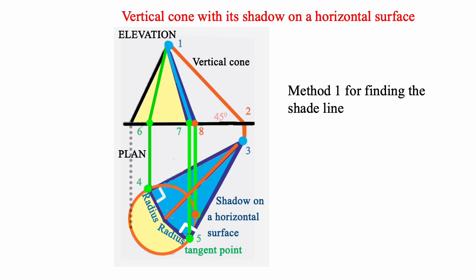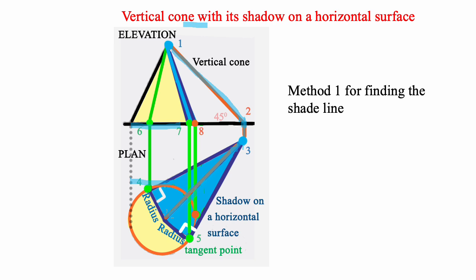To find the shadow on a vertical cone, line up the base of the cone with the circle in plan. And then draw the light rays, here 45 degrees and here 45 degrees. Now this one doesn't hit the measuring line, but from number 2, you can draw a vertical down until you meet this light ray from the center of the circle.